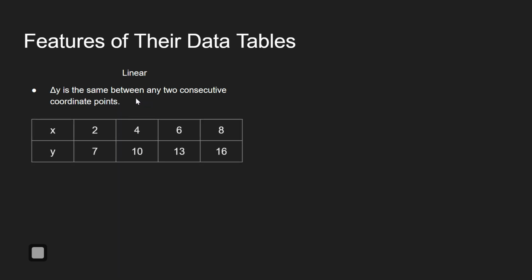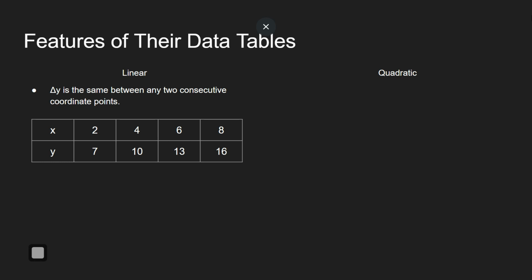In the following data table, our y values go from 7 to 10 to 13 to 16, which means it always increases by 3. Because that change is consecutive and it's always the same, this is going to be a linear equation.